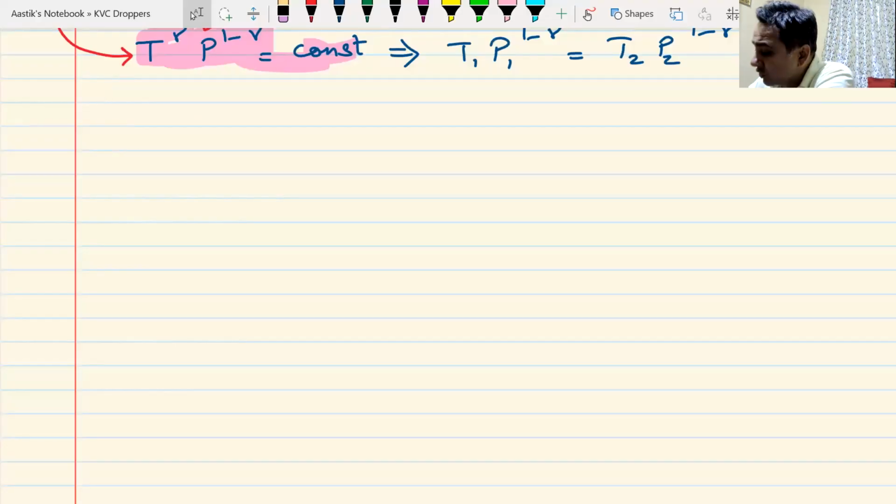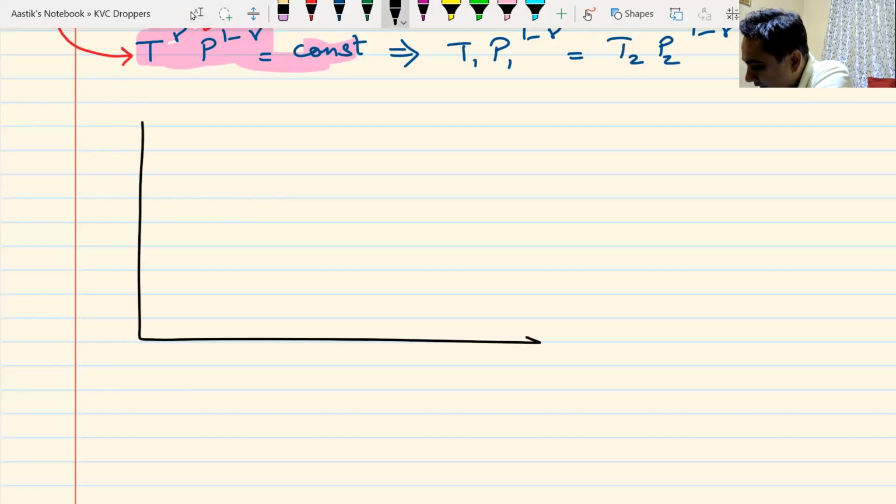So I'm now going to draw three different graphs for adiabatic compression. This is V, this is P. Since it is compression, the volume is going to decrease. So I draw three graphs.